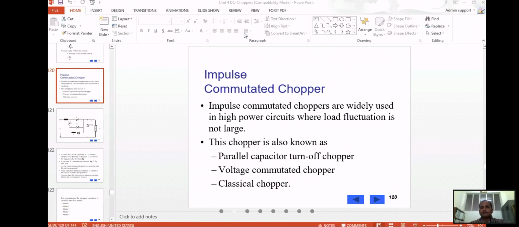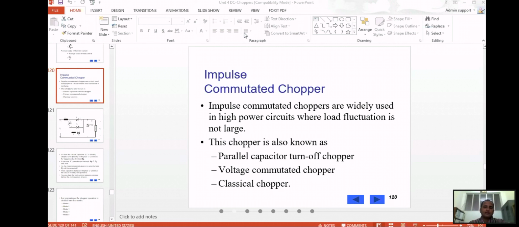These choppers are also known as parallel capacitor turn-off choppers, where capacitors are used to turn off the chopper. There are two thyristors in this type of chopper. One thyristor will work, and there will be an inductor and a capacitor. The charging and discharging of the capacitor and inductor will help to turn off the thyristors.